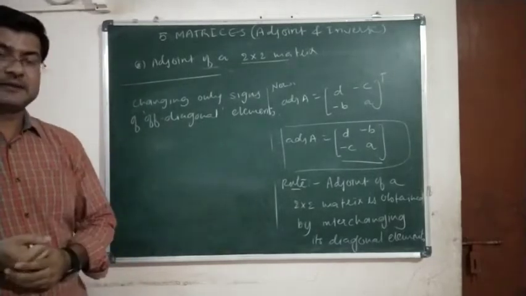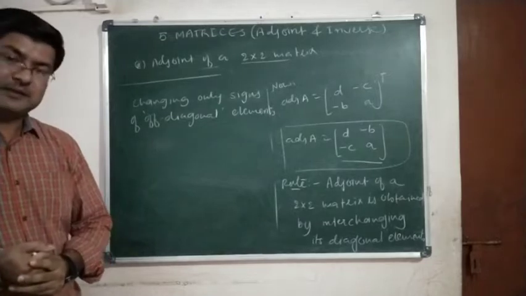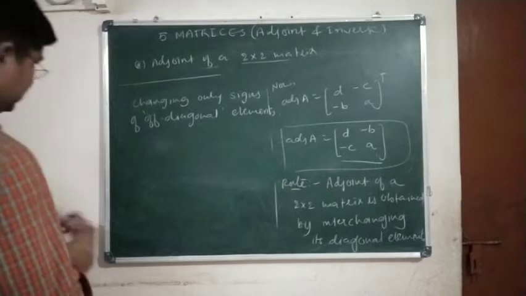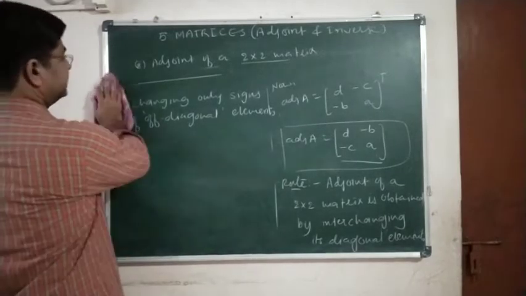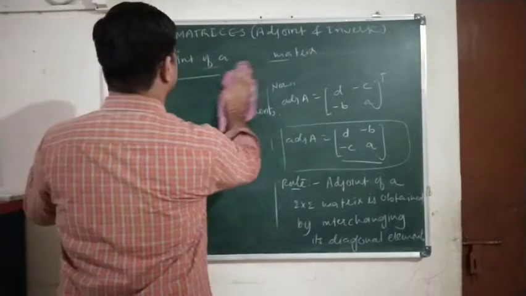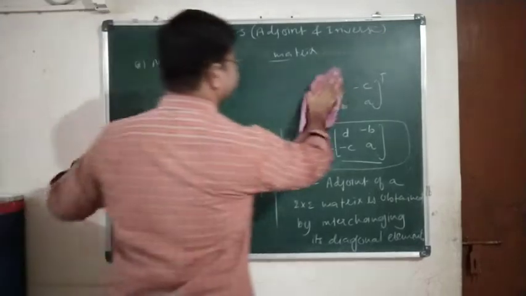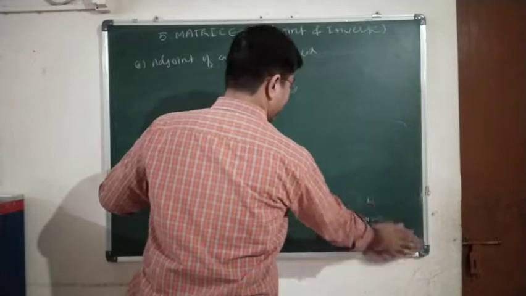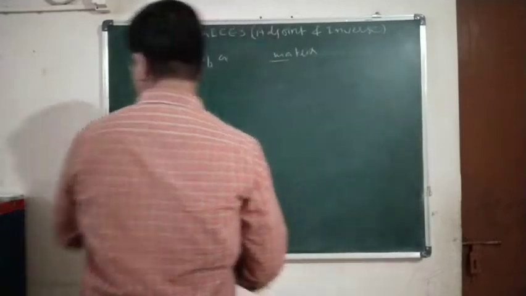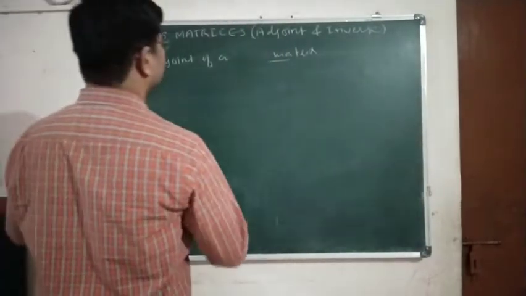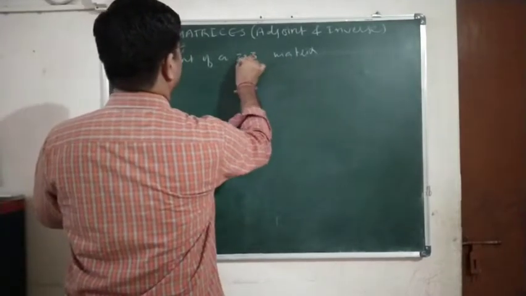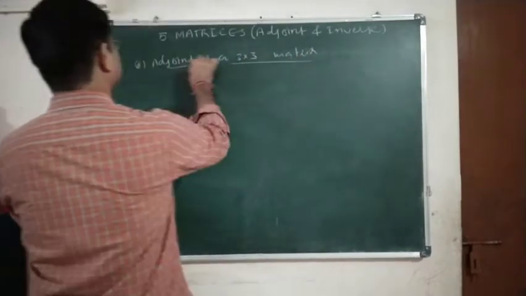Now we will take one example of a 3 by 3 matrix and find the adjoint. Adjoint of a 3 by 3 matrix.